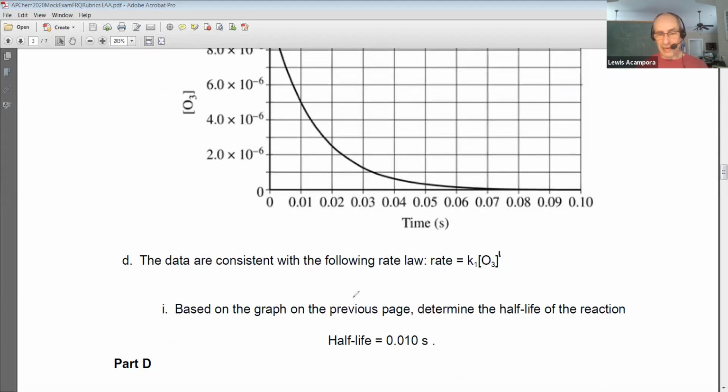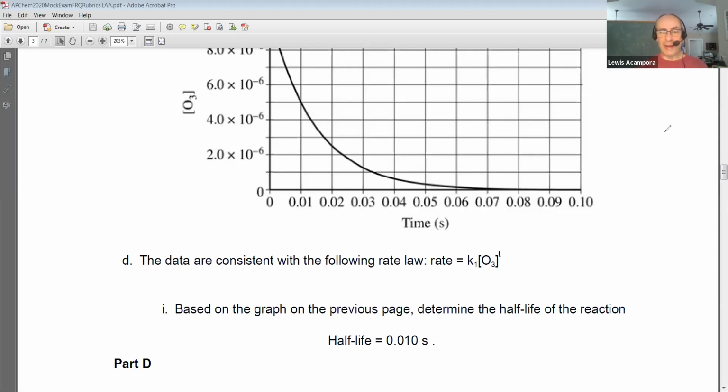So based on the graph of the previous page, for 1 point, students are asked to determine the half-life for the reaction. And you should breathe a sigh of relief, let your shoulders drop when you see a question like this. Half-life is just how much time it takes for the reactant concentration to drop to half of its initial value.